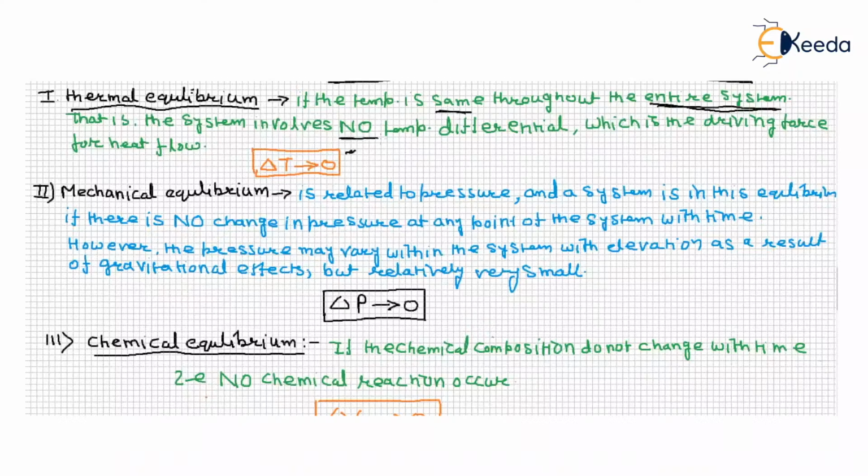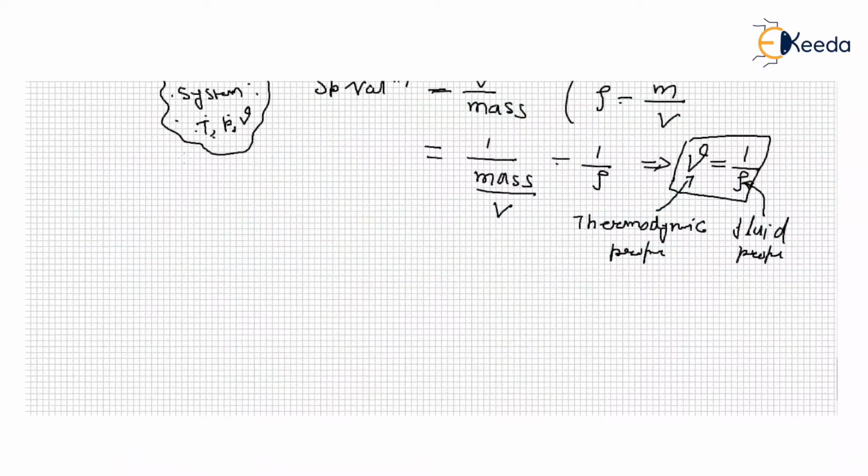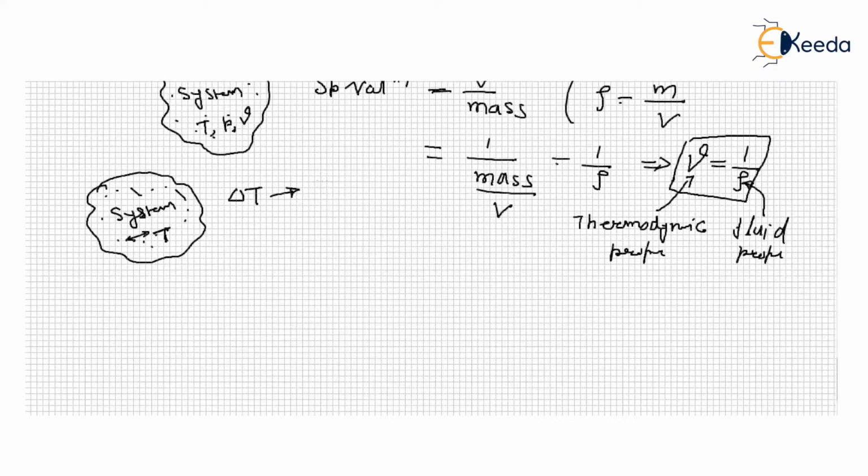See, if there is a system whose properties are defined by a temperature, let's suppose T, this temperature will be uniform throughout the system. That means within the system there is no heat transfer. The pressure difference is the gradient, the force is flow.